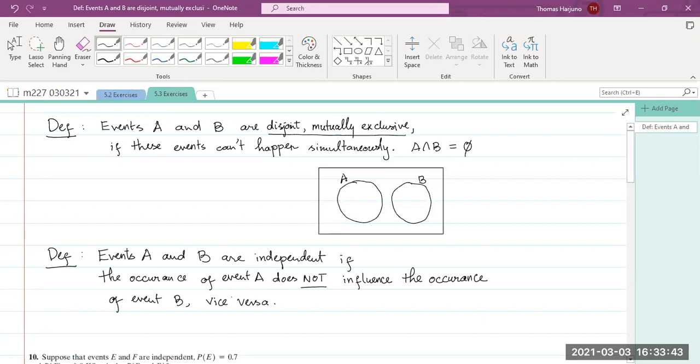Okay, knowing whether event A happens or not doesn't tell me anything more or less about what will happen to event B.